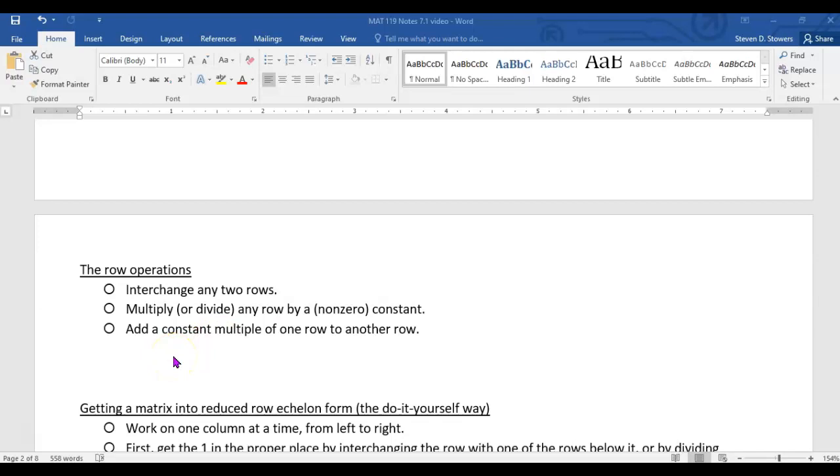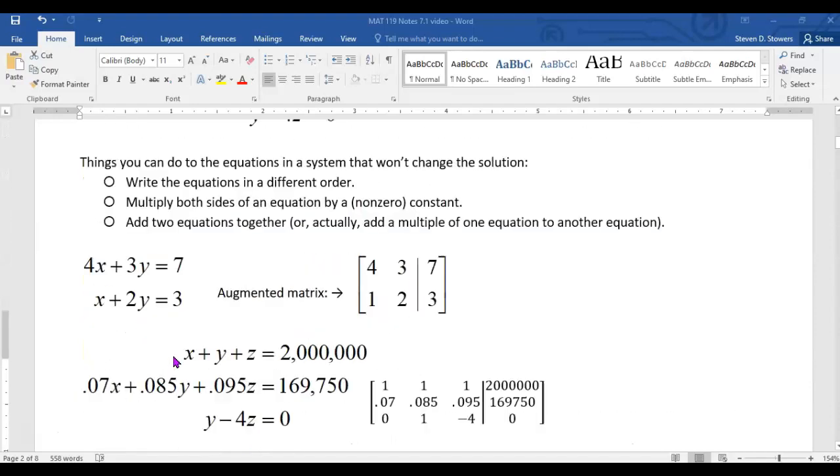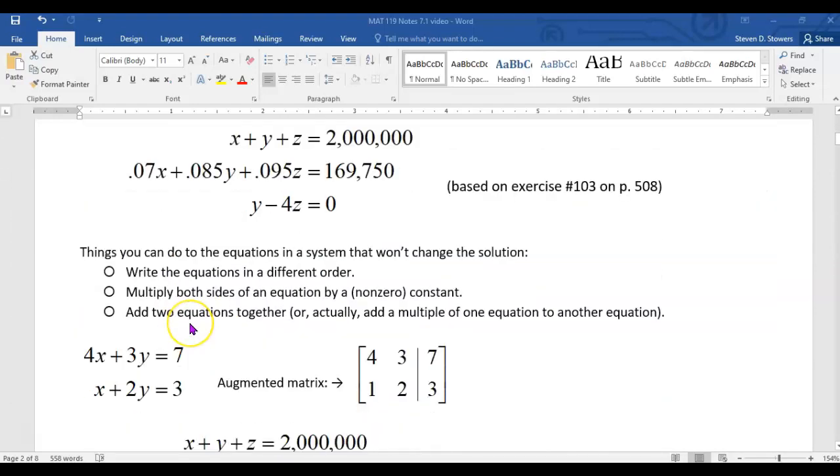And we can add a constant multiple of one row to another row. If these sound familiar, it's because they're basically the same as what I mentioned earlier, the things you can do to the equations in a system that won't change the solution. You can write the same equations but in a different order.